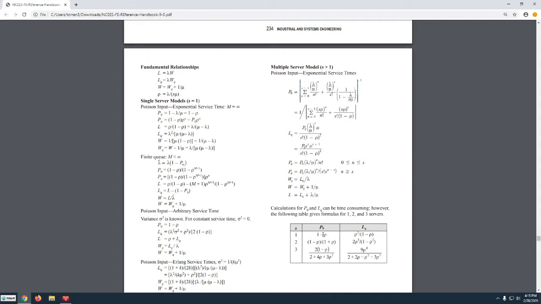So in this case, 15 over 24 is 0.625. So use this one, get P0, plug P0 back to here, and then calculate P5. So in this question, P5 is 0.036, and so the solution is B.